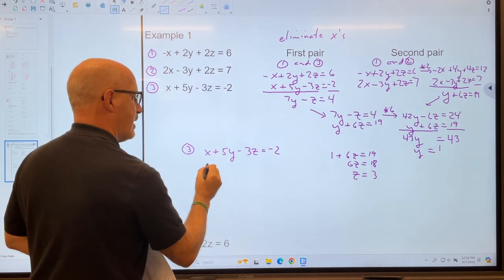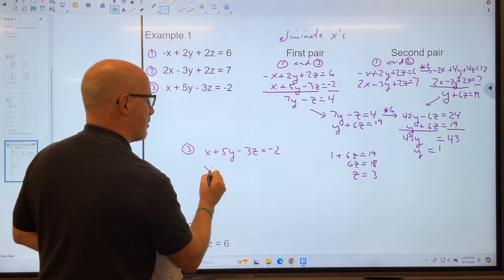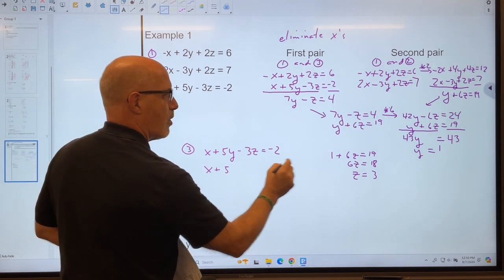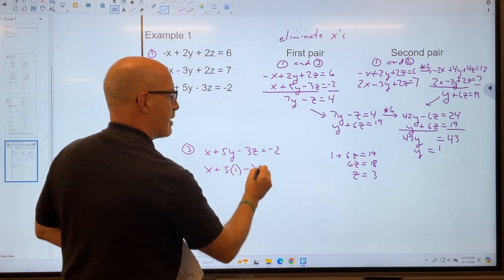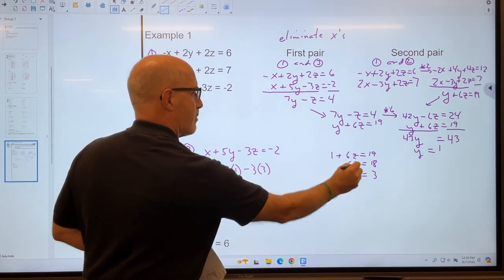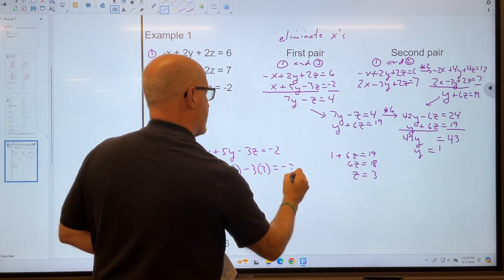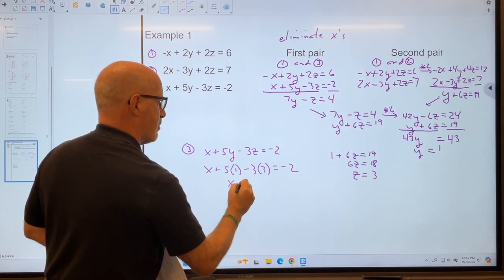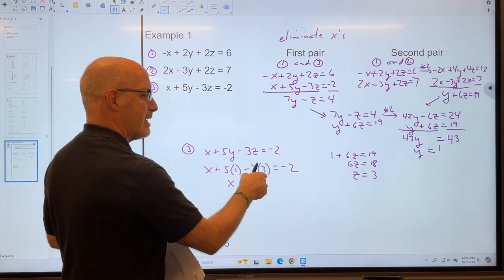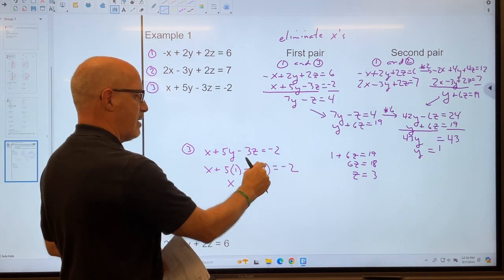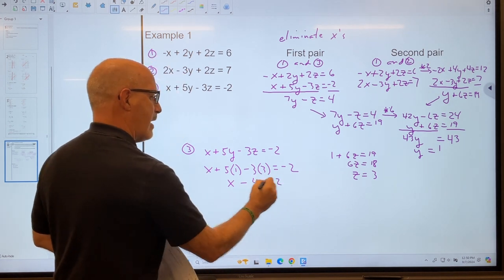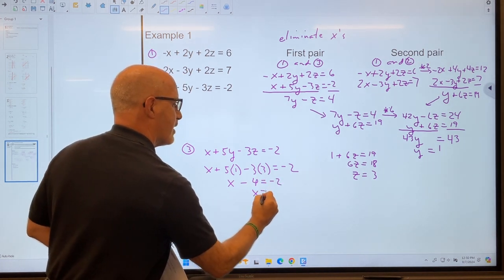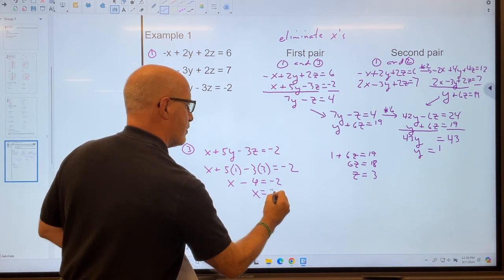I'm going to solve for x, so for my y, I'll put in 1. For my z, I'm going to put in 3, equal to negative 2. So x plus 5 minus 9, so plus 5 minus 9 will be minus 4, equals negative 2. Add 4 to both sides, and you get x equal to 2.